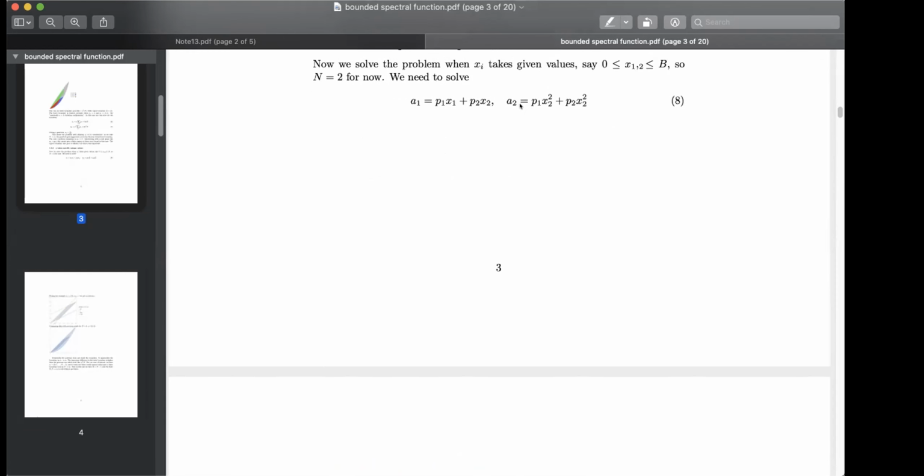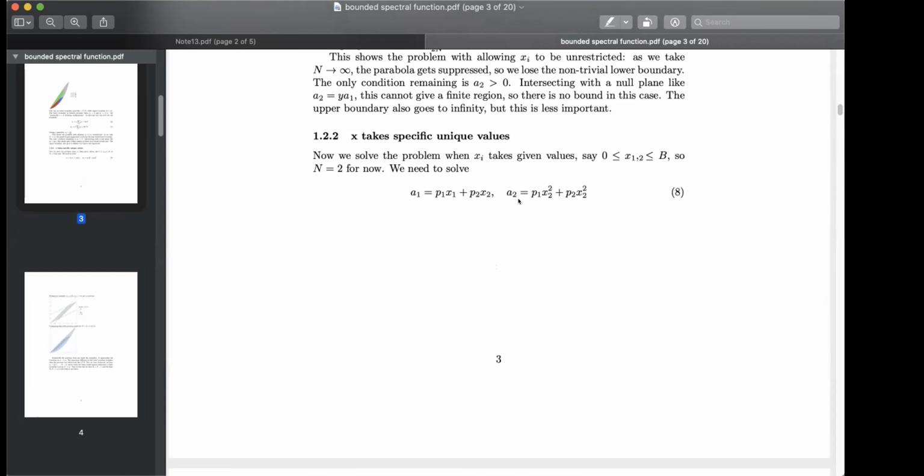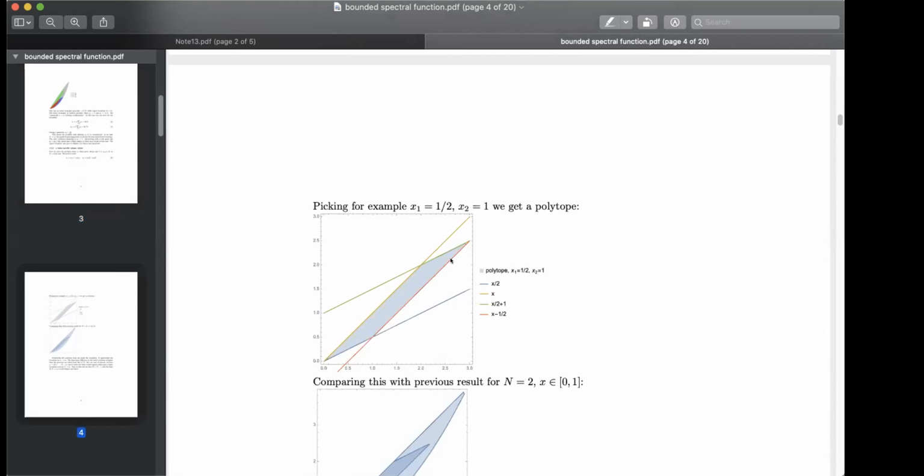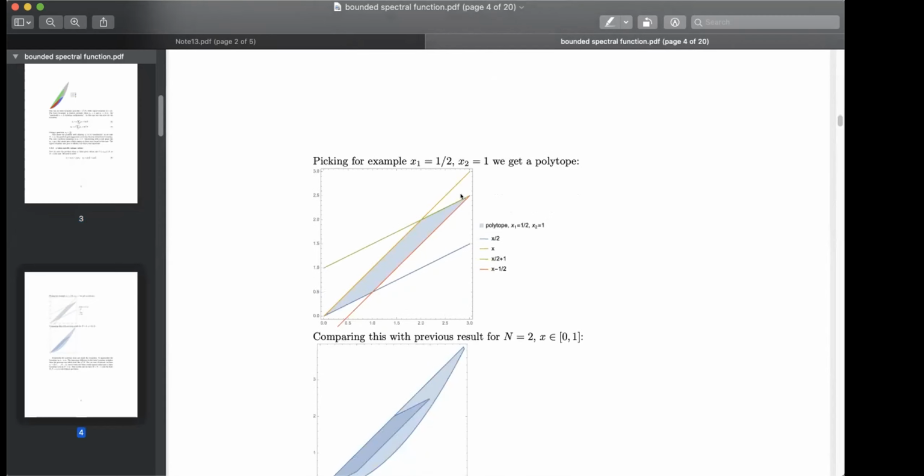P is bounded by 2. So you plug in x1, x2, and solve for P1, P2 in terms of A1, A2. Then you ask that the solution is below 0 and 2. That gives you this region. Then you work out exactly what the boundary is.